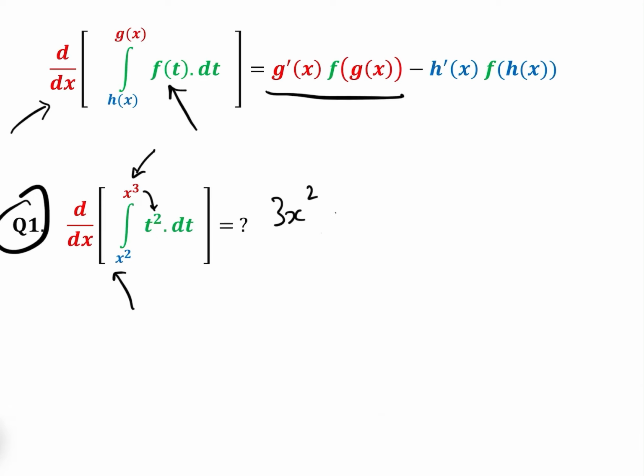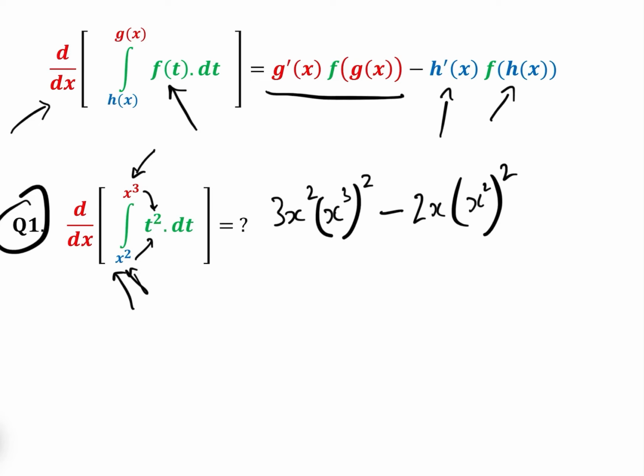So all we do is replace the t in here by x cubed, which will be times x cubed squared, minus, now we go on to h dashed, the derivative of x squared, which is 2x, times h put into t, which will be x squared squared.